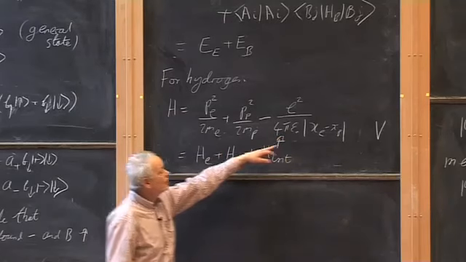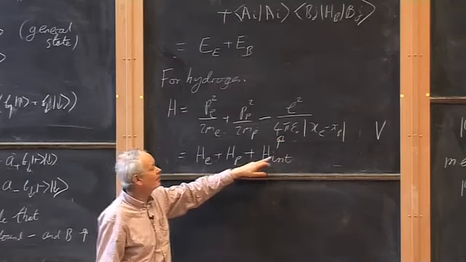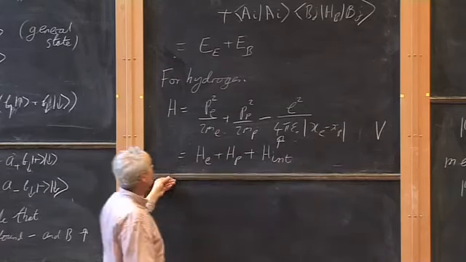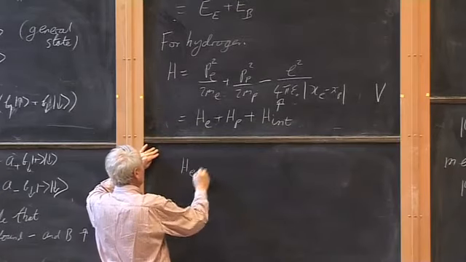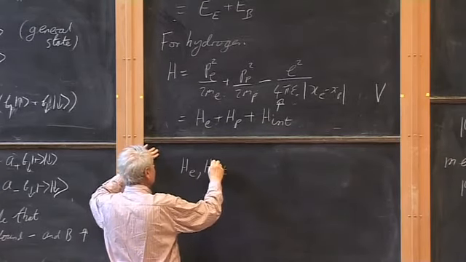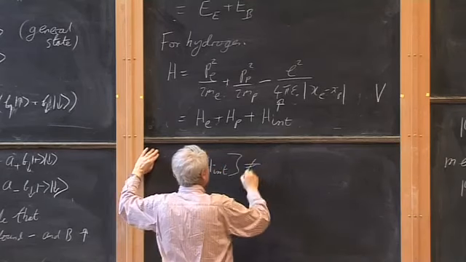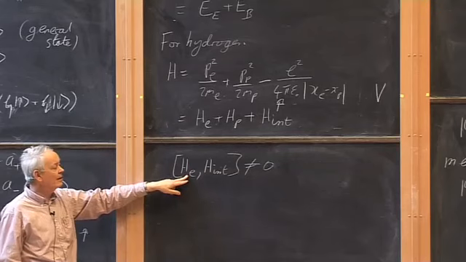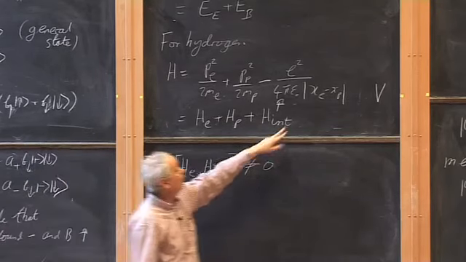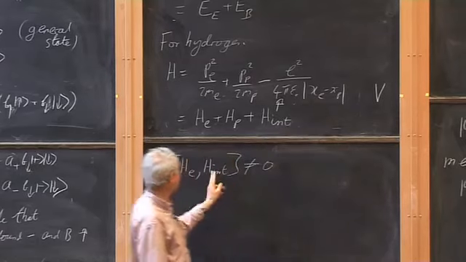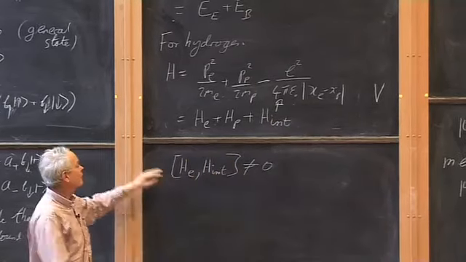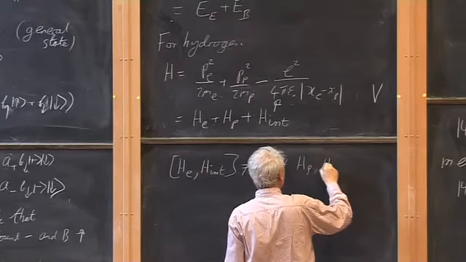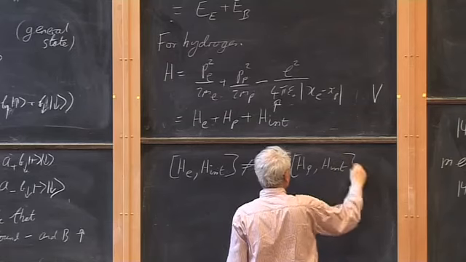And the thing about this interaction Hamiltonian is that it depends on operators belonging both to the first subsystem and the second subsystem. And the consequence of that is that the commutator of HE and H interaction is not equal to naught, because the PE, the electron momentum operator sitting inside here, has a bone to pick with the electron position sitting inside here. And similarly, of course, the commutator of HP and H interaction is not equal to 0.